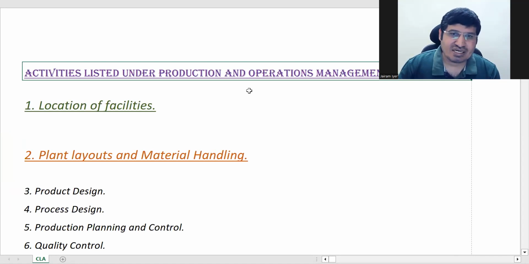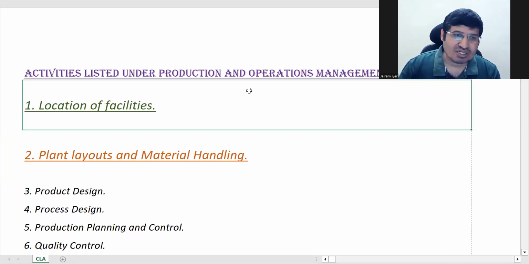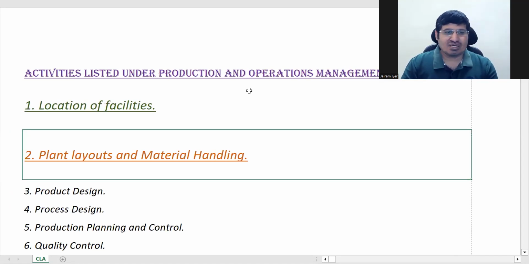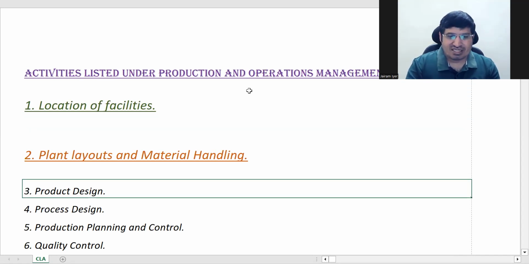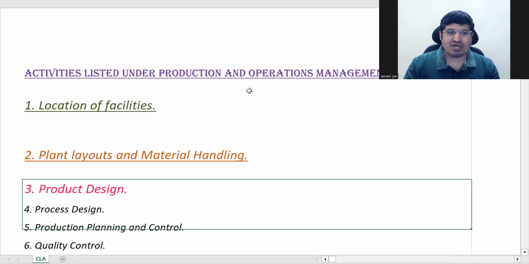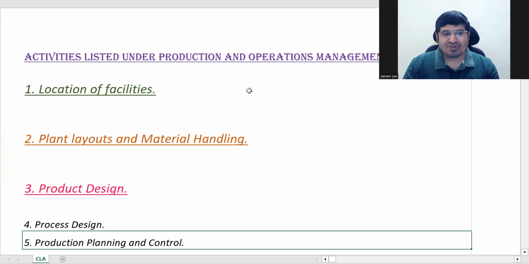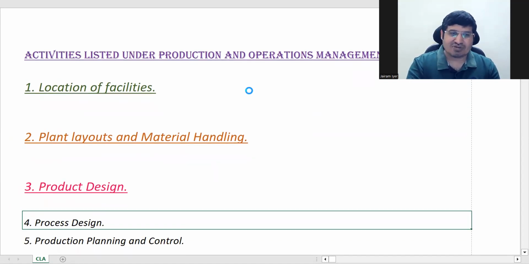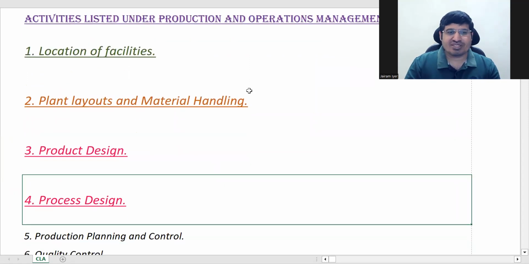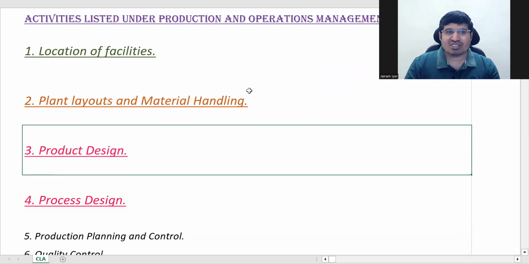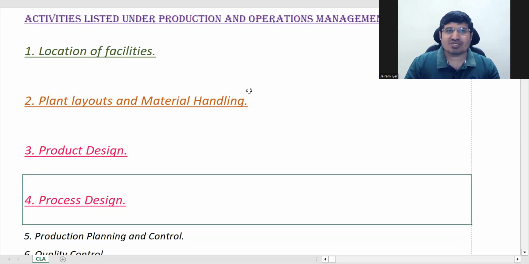So the activities listed in the scope of the operations manager: one is location of facilities, then plant layout. Then you have to design the product. What is going to be your product, that design you have to make. Then process design. Process design comes after product, because once you know your product, only then can you design the process.